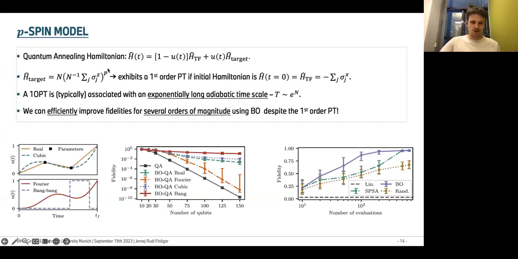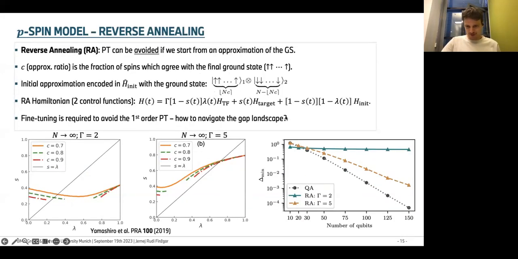That is, of course, for odd p, I should mention. This is another small detail that I failed to mention so far. All of these results are for p equals 3, but they generalize to other odd values of p quite well.